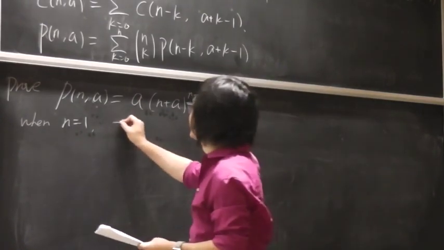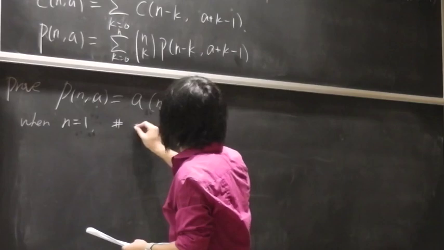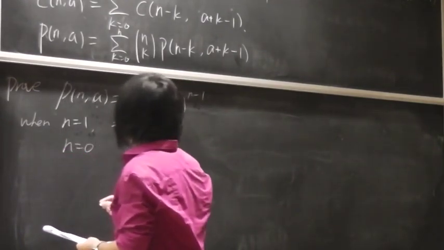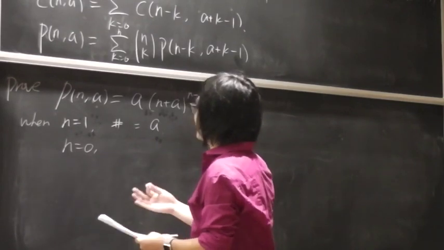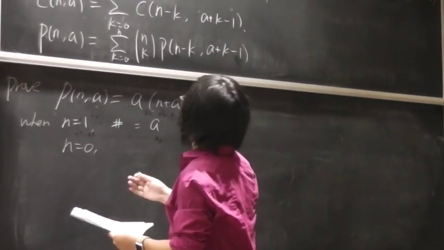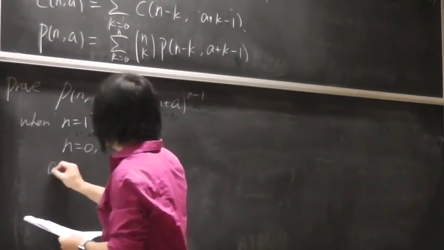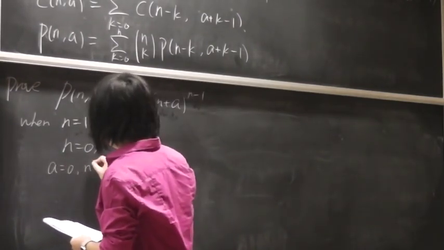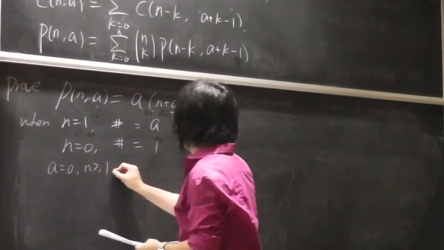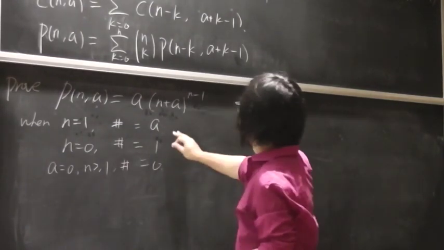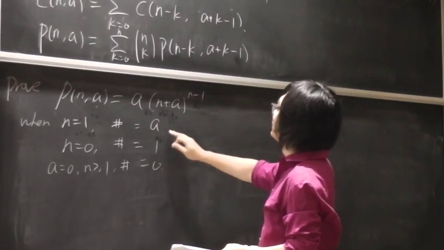So the number, of course, is a. And if n is 0, then it must be an empty vector, so the number is 1. And if a is 0, but n is greater than 1, it's impossible, so the number is 0. And then you can check all these three are satisfied, I think.